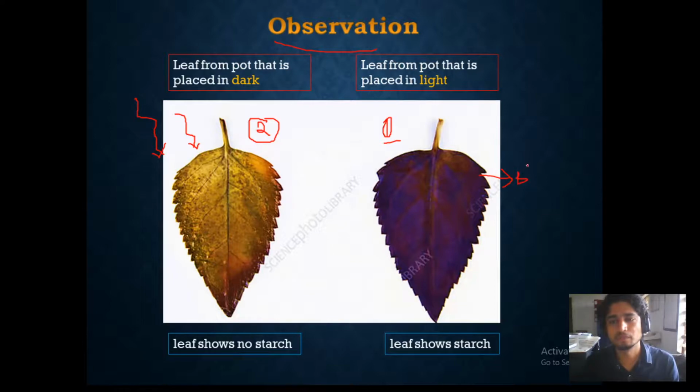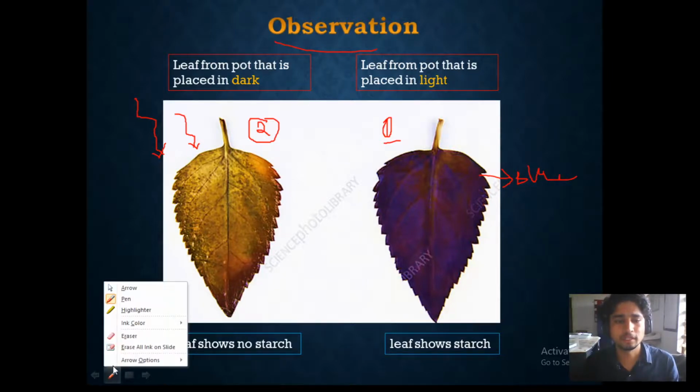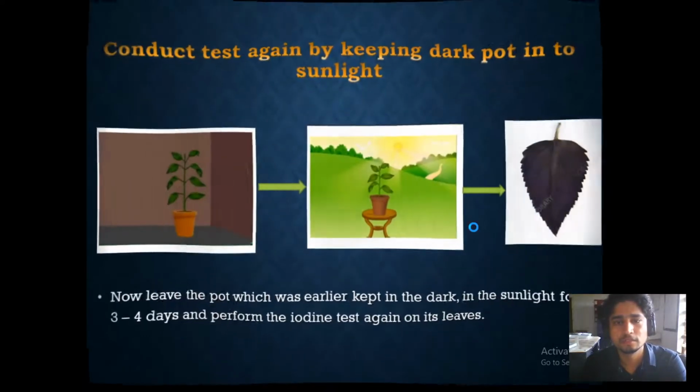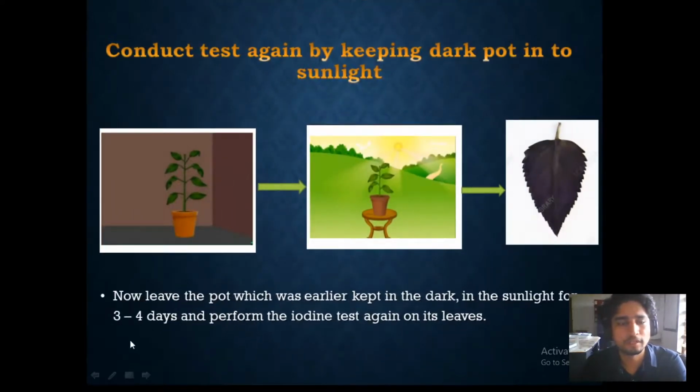Okay, so we are clear up to here. We have identified that plants are able to do photosynthesis and produce starch only in the presence of sunlight. So what if we revert the conditions?